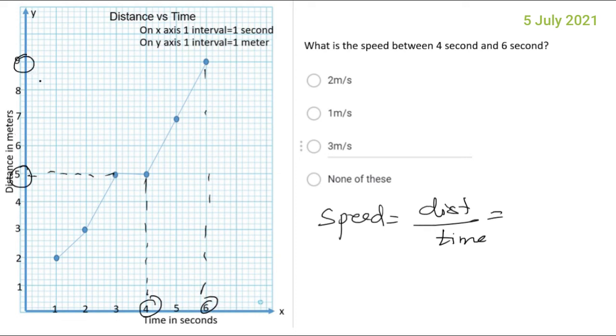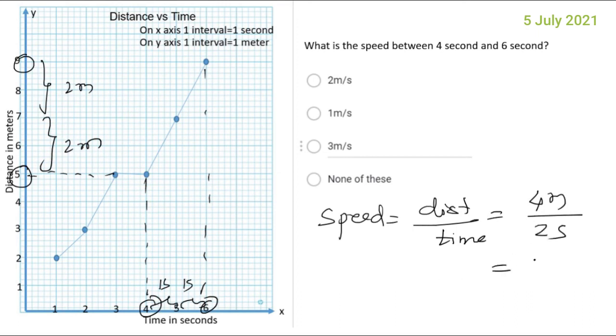So it is from here to here 2 meter and 2 meter. So totally it is 4 meter. You have to be very particular about measuring the distance. Divided by time. How much is the time? 1 second and 1 second. So it is 2 seconds. So the answer is 4 by 2, that is 2 meter per second. This is the correct answer.